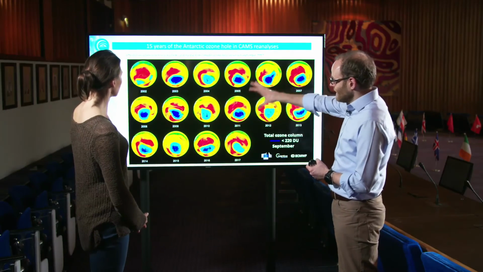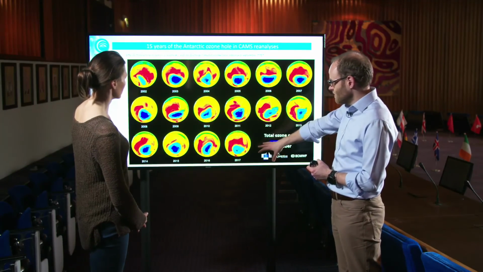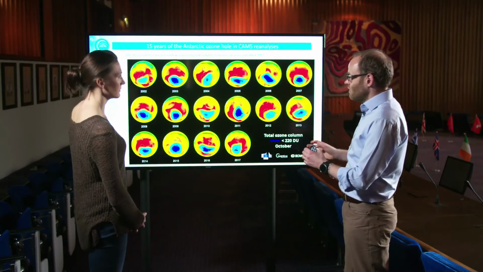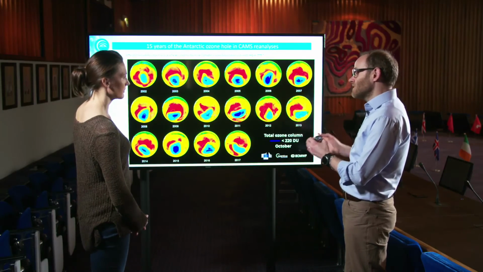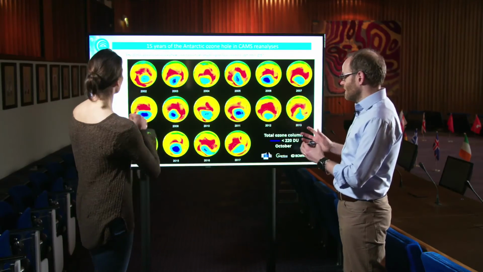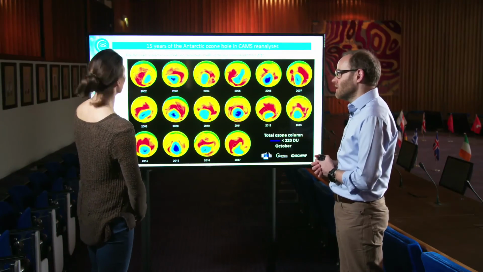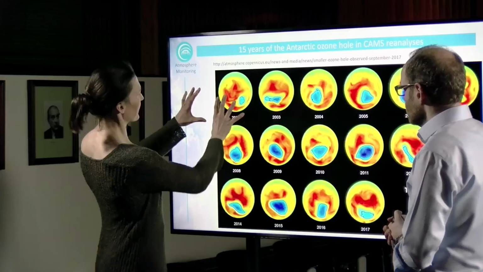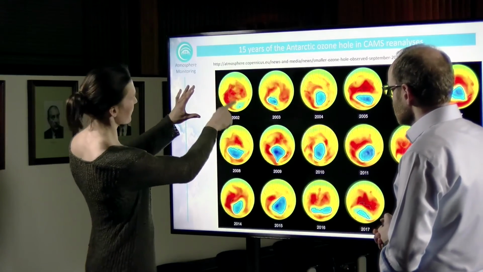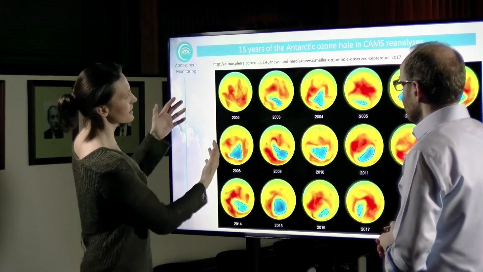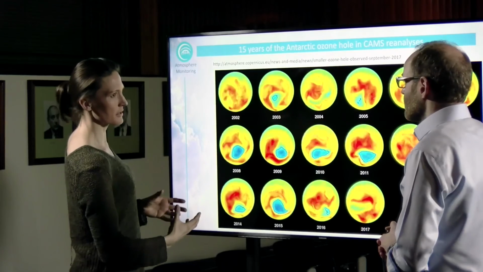And what we're seeing here is from 2002 up till 2017, the development and evolution of the Antarctic ozone hole as it occurs through September and October each year. So we're looking up at the south pole of the planet here. Antarctica is here, yeah. And the colours are telling us how much ozone is present.